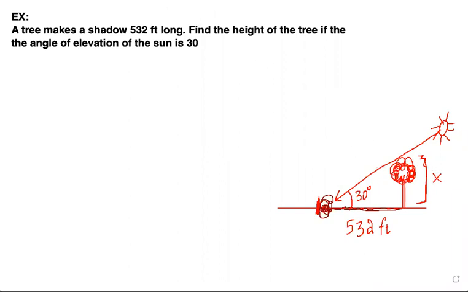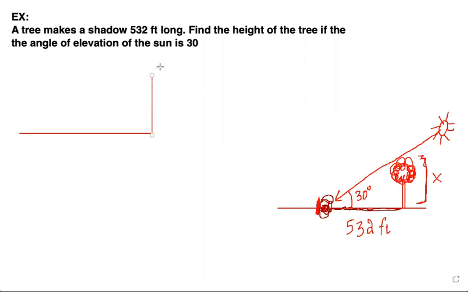So if we look into the graph, these things here look like a triangle. This triangle has an acute angle of 30, and the adjacent side for the 30 is 532 feet, and the question is find the opposite of this triangle. So I can graph a triangle like this.